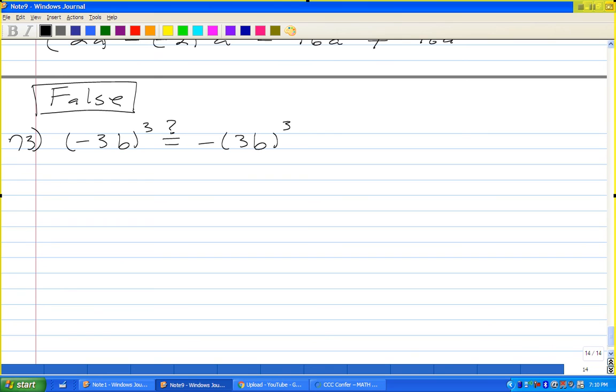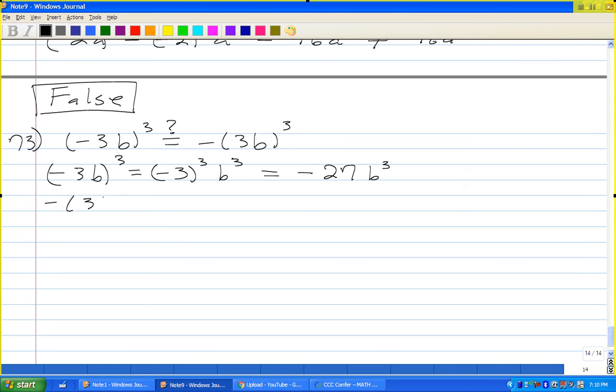Well, negative 3b cubed is negative 3 cubed b cubed, which is negative 27 b cubed.